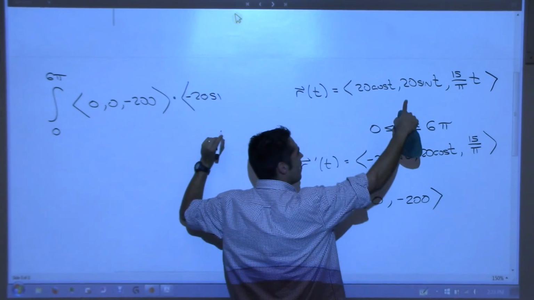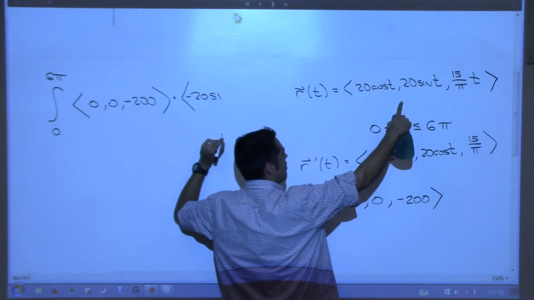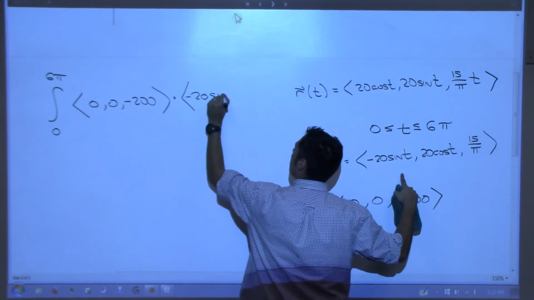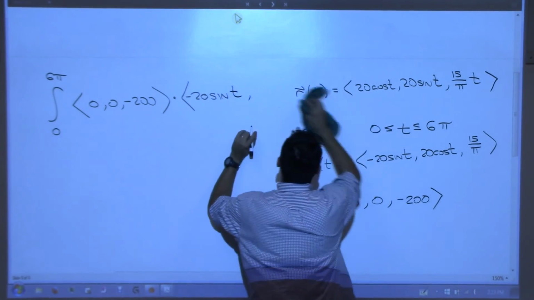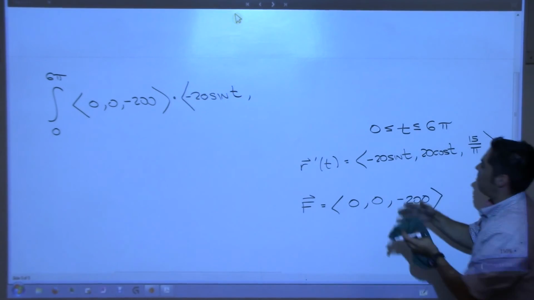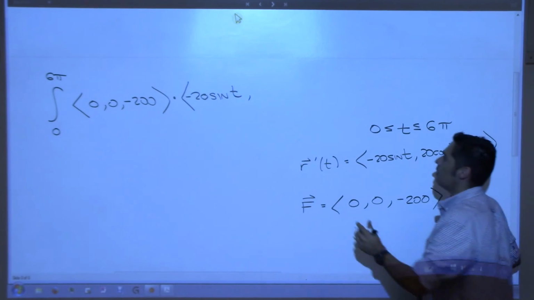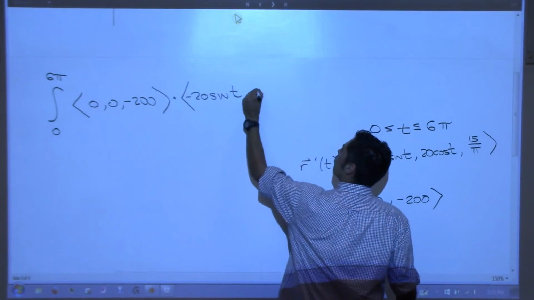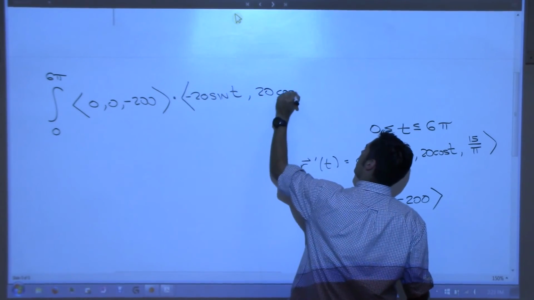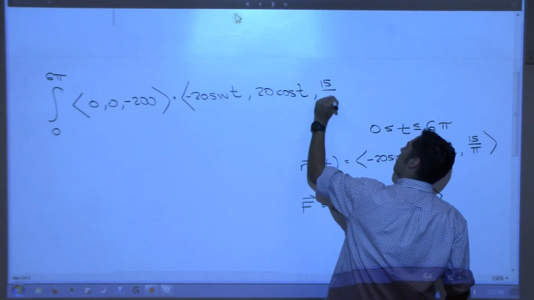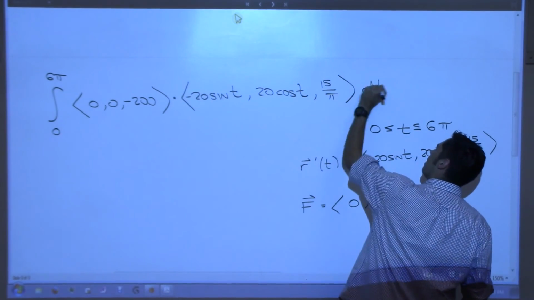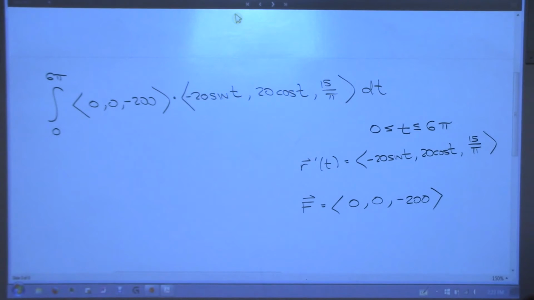Did I say dot with that one? I meant to point to this one, I'm sorry. The same thing though, it kills off these pieces. So all you're left with is this: 20 cosine t times 15 over pi dt. And what do you get? Negative.